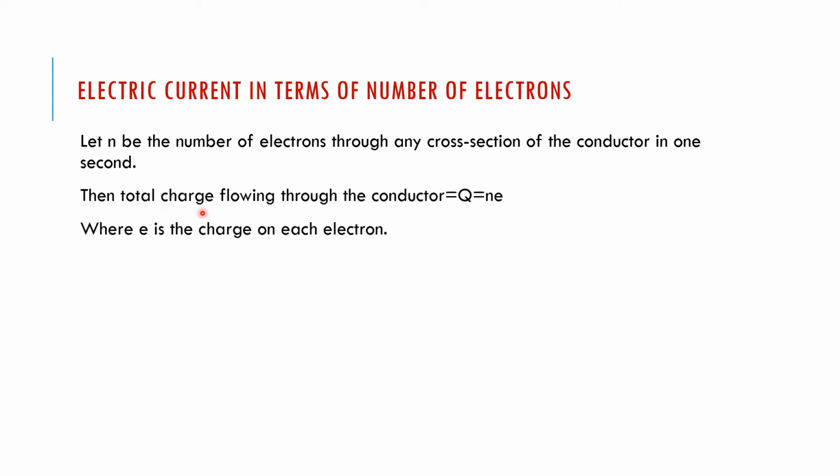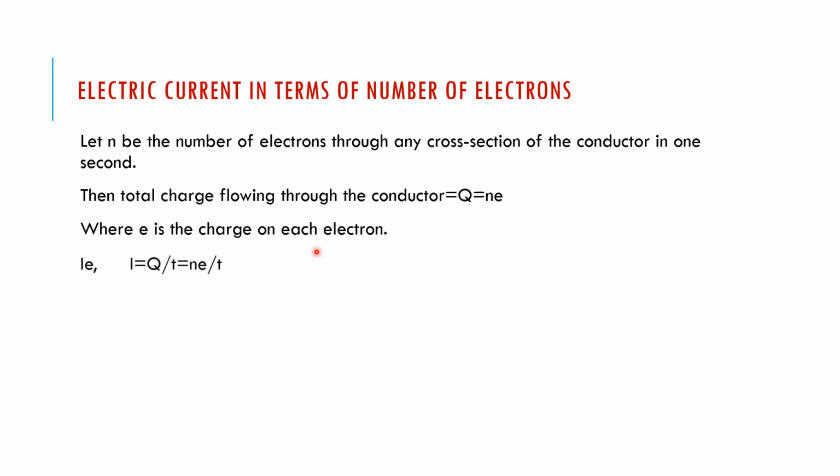Then total charge flowing through the conductor will be n times e, because total number is n and the charge of one electron is e, that 1.6 value. So we can write total charge Q is equal to n times e, where e is the charge on each electron.